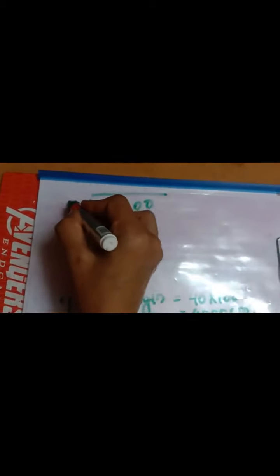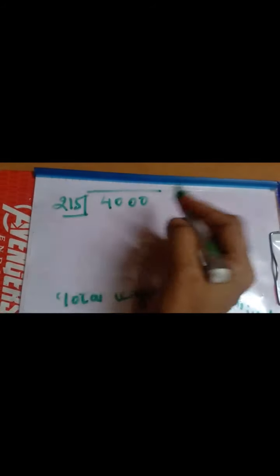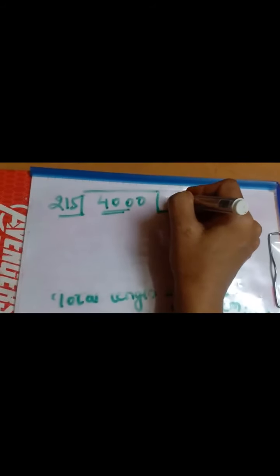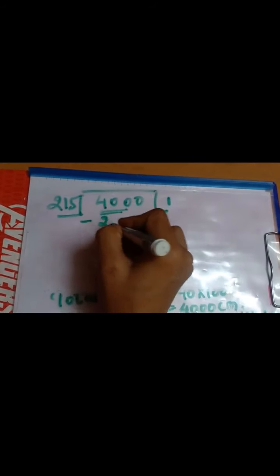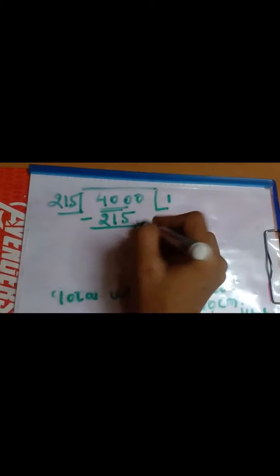So I'll rub the statements from here. Okay, now we do the division. 4000 divided by 215. Now this will take it by 1 minus 215.